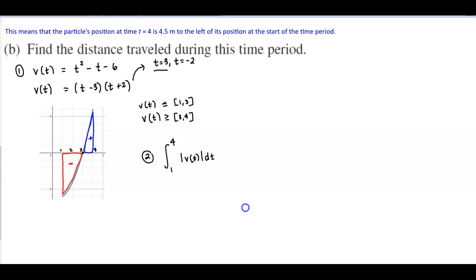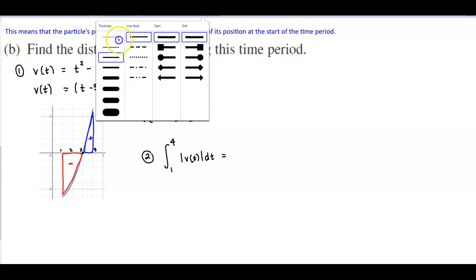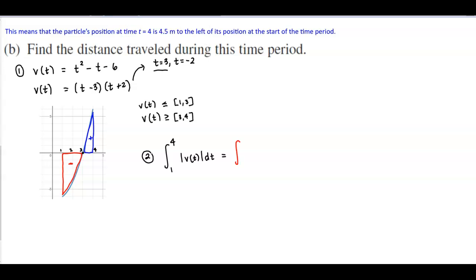Well, that tells us that we have an integral that goes from 1 to 3 of negative v of t dt, and then plus an integral that goes from 3 to 4 of positive v of t dt.